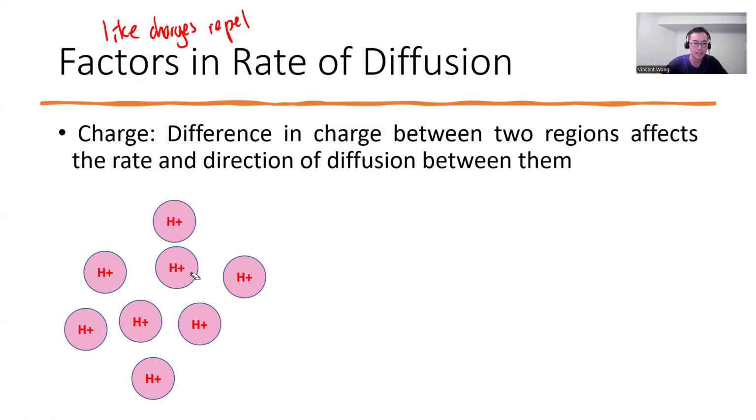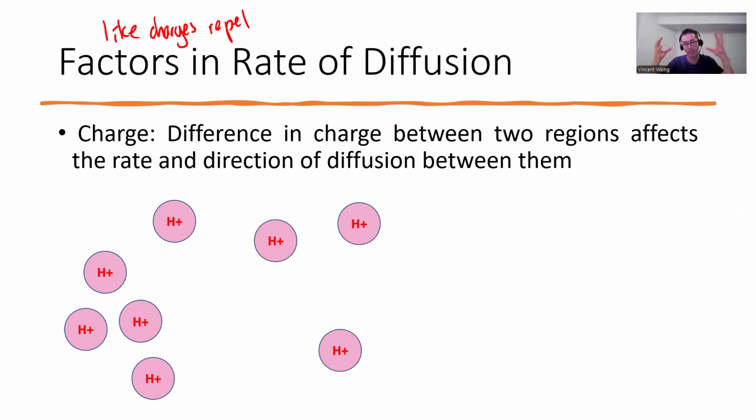These guys don't want to be next to each other, so it's going to move them away as quickly as possible. So if they are the same charge and they're all aggregated in close proximity, then the initial rate of diffusion is going to be faster.